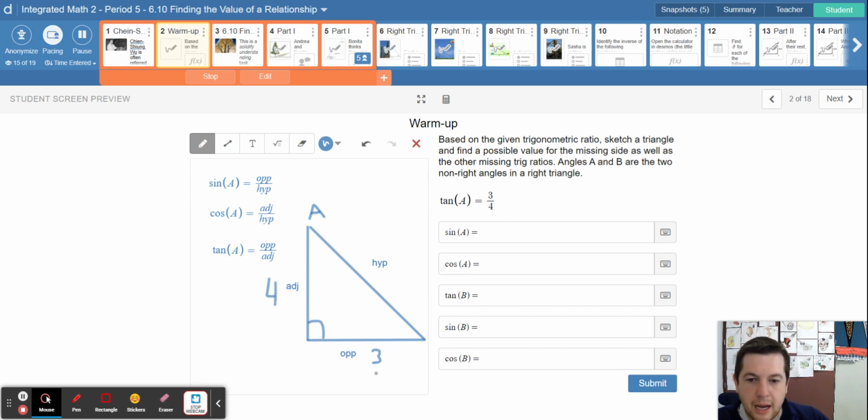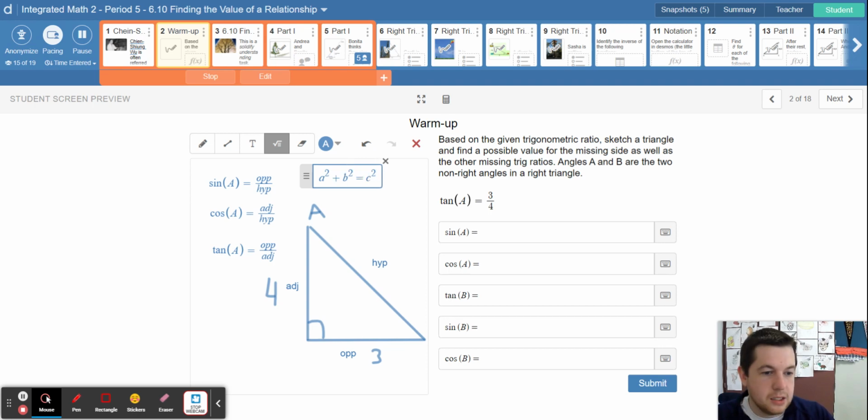Now to calculate my hypotenuse, I need to use the Pythagorean theorem. So my Pythagorean theorem is a squared plus b squared equals c squared. C is the hypotenuse, and in this case, my a and b are the side lengths I have, 4 and 3. So 4 squared plus 3 squared is equal to my hypotenuse squared, or c squared.